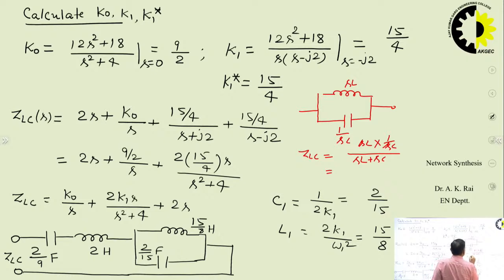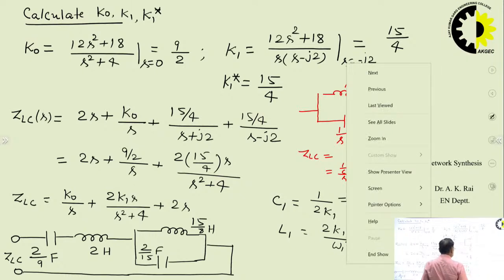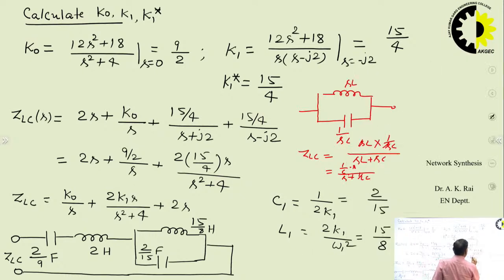It is 1 by C into s upon s square plus 1 by LC. Okay. S square plus 1 by LC.